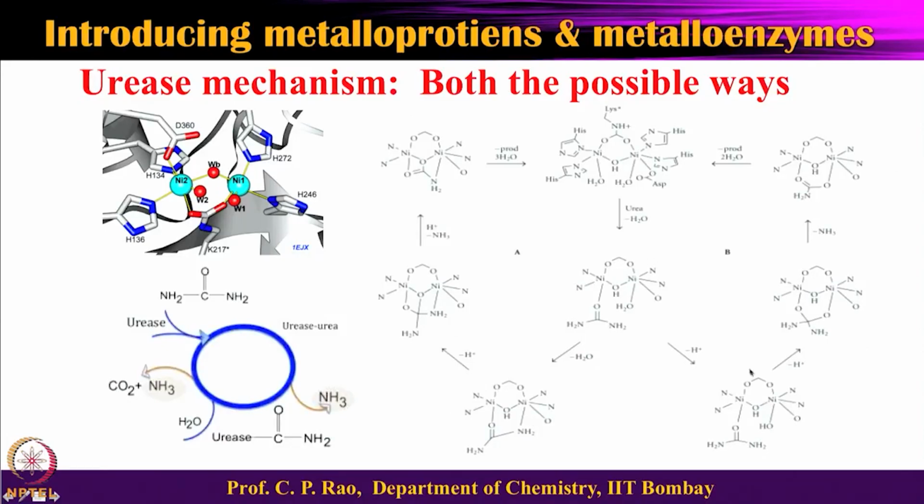So, in the earlier case, it was the nickel hydroxide showing a nucleophilic attack, and here it is a bridged hydroxyl showing the nucleophilic attack after the proton is transferred, and this gives a slightly different kind of intermediate, and then after that the same kind of thing. So, you have one ammonia, then in the presence of water it will give back that.